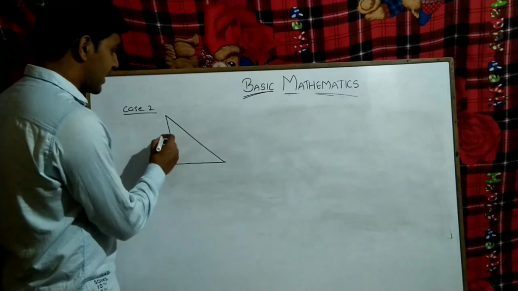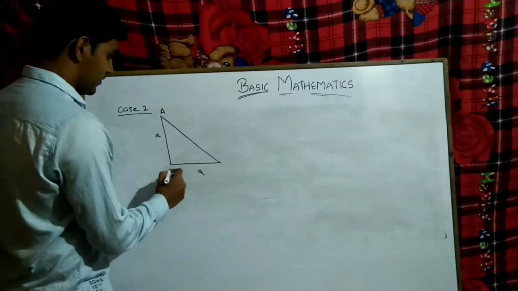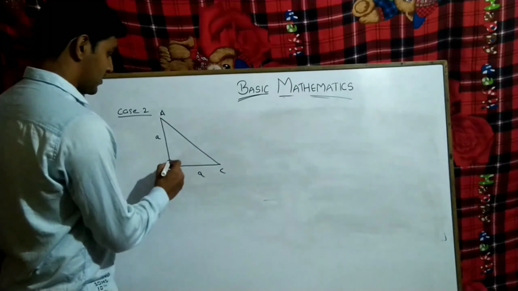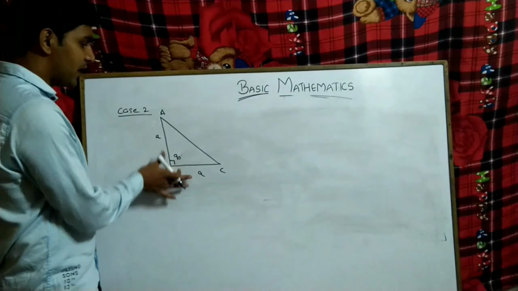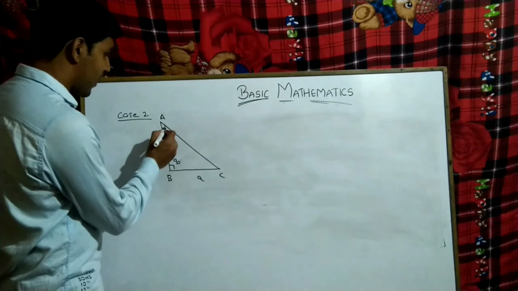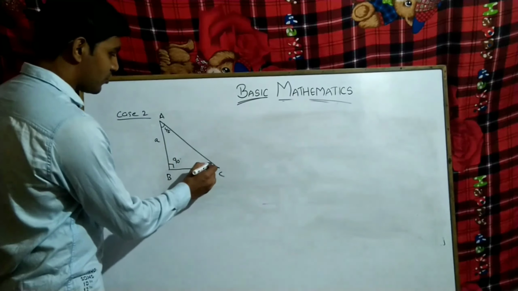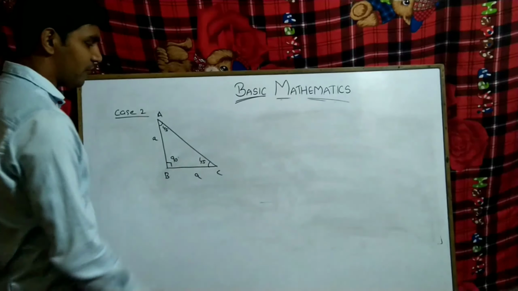So two sides are equal. Let's take this A, this is also A, and this is A, B, C, and it makes 90 degree here. If two sides are equal, then automatically two angles also are equal. So this becomes 45, and this automatically becomes 45, because 180 minus 90 is 90, so 45, 45.